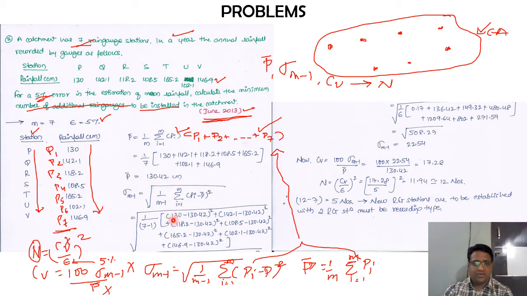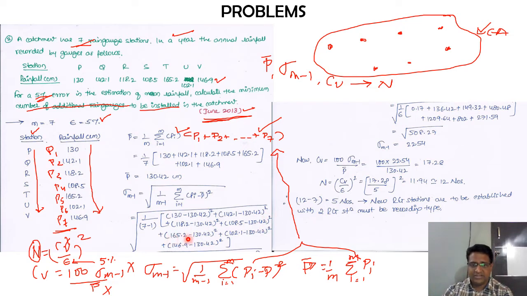Now here what will I do? P1, 130, is nothing but what? P1 minus P bar the whole square plus P2. P2 is how much? 142.1. The same thing is there. 142.1 minus 130.42, that is nothing but your P bar, the whole square. Similarly, 118.2 is your P3 minus 130.42, that is nothing but your P bar, plus 108.5, that is P4 minus P bar the whole square.